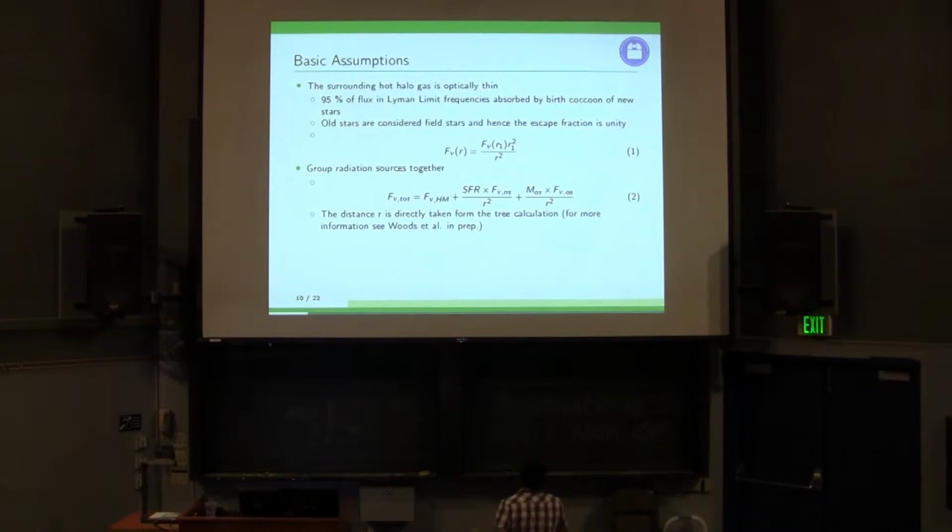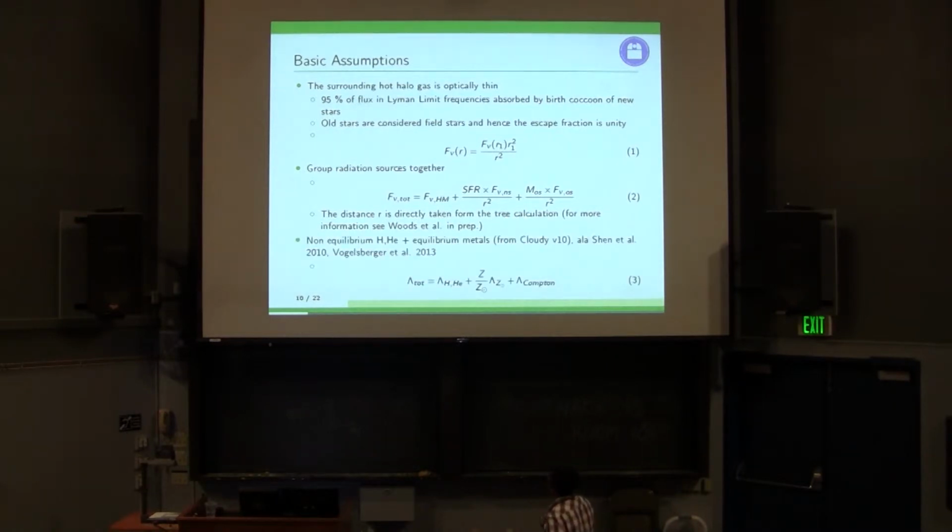I also group radiation sources together, so my total flux is just the summation of the sources, and the distance r is taken directly from the tree calculation. If you want to find out more about how we implemented it in the tree, you can look at this paper, which is in prep by Rory Woods. We also use a non-equilibrium hydrogen and helium solver plus equilibrium metals taken from Cloudy, and this follows the formalism by Sijing Shen and Vogelsberger.